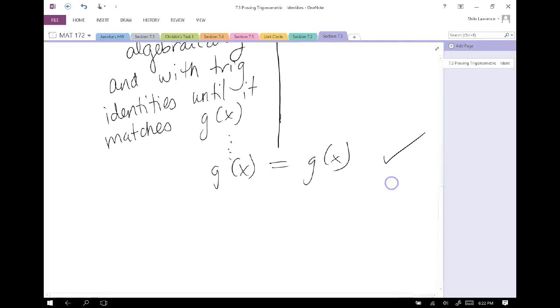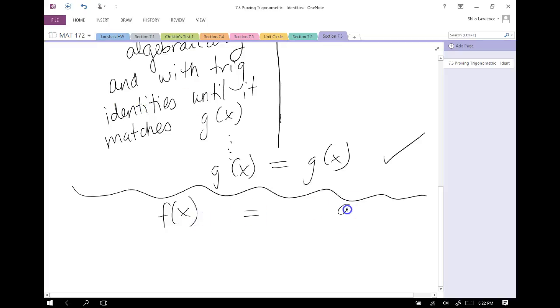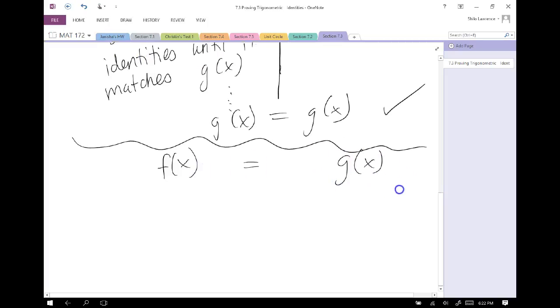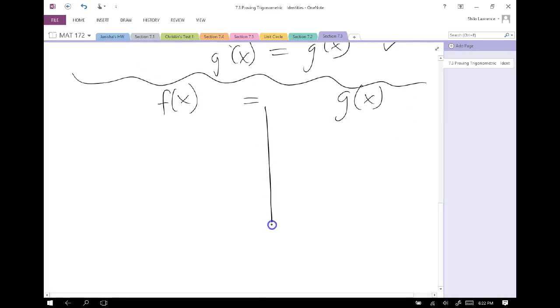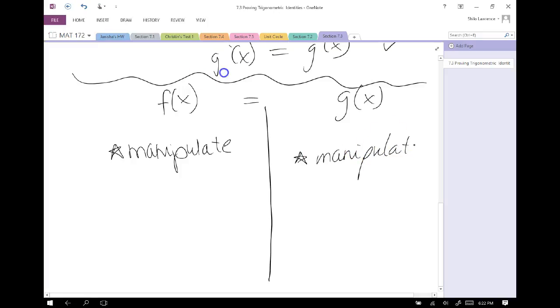It's also possible that both sides are kind of complicated, and we're going to play a little bit with both of them. And then we're going to manipulate both and turn them both into something different. And that's perfectly fine as well.